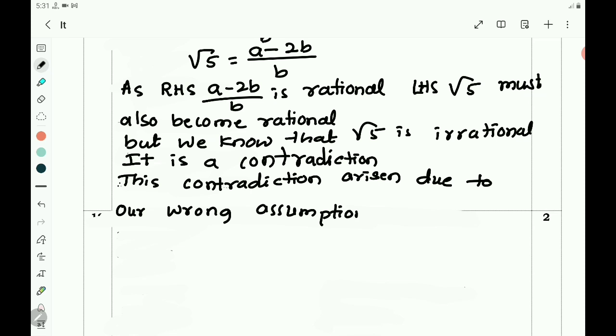Which wrong assumption? Due to our wrong assumption that 2 plus root 5 is rational.